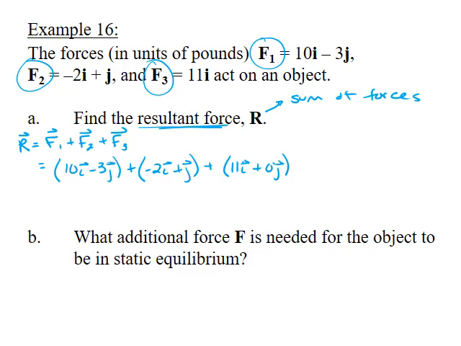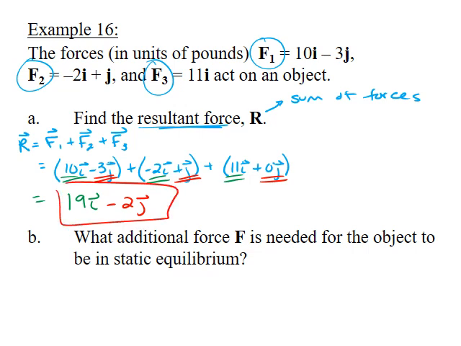So all I'm going to do is add the horizontal components. So that gives me 19i, and then the vertical, which gives me minus 2j. So that's the resultant force, R.